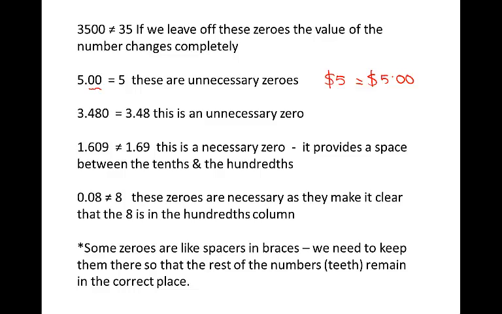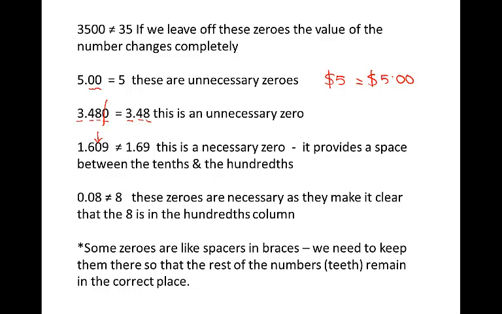The next example here, we've got a 0 on the end here. My question is, if we leave it off, does it change the value of that number? Well, you can see that we can leave it off. We still have a 3 in the units column, a 4 in the tenths, and an 8 in the hundredths. So by leaving off that 0, we have not changed the value of that number. Our next one, 1.609, if I leave this 0 out here, then I end up with a very different number, 1.69.